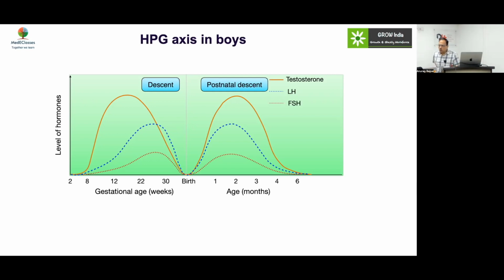It is also true for the HCG treatment which was being given. So a lot of people, even during my training days, we used to give HCG as a treatment for descent of testis, and often there will be descent, which is no wonder, because if you give HCG, your testosterone goes very high. But it has been shown that even for testicular descent, giving this HCG may have deleterious effects.